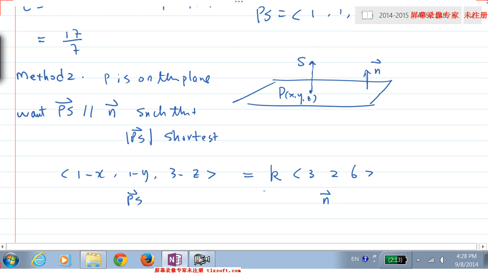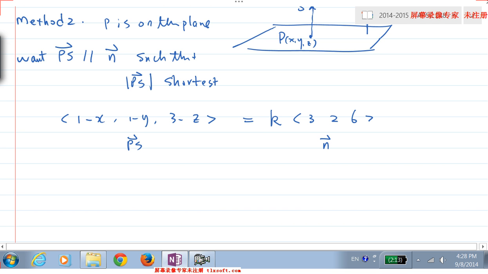So now, what do we get? PS equals 3k, 2k, and 6k. If this vector is equal to this vector, the components of the two vectors must be the same.